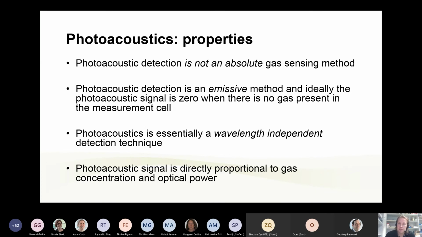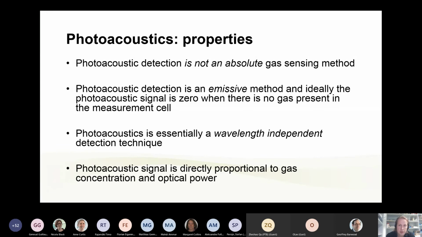This is naturally, say, a much more indirect method as compared to many other optical gas sensing methods. Also, photoacoustics relies on the sensitivity of the microphone, or something similar to a microphone, that can detect the pressure or the sound wave, which usually requires a calibration, and the response is often a function of the used measurement frequency.